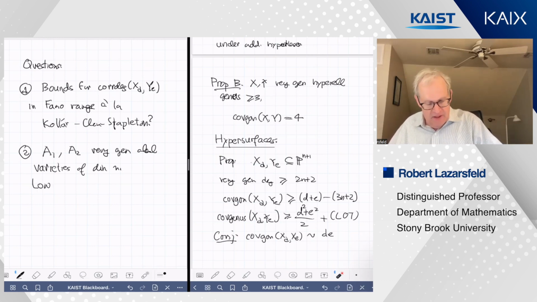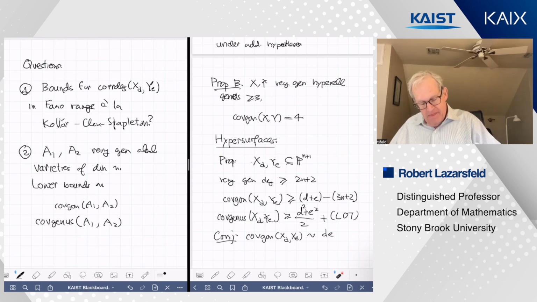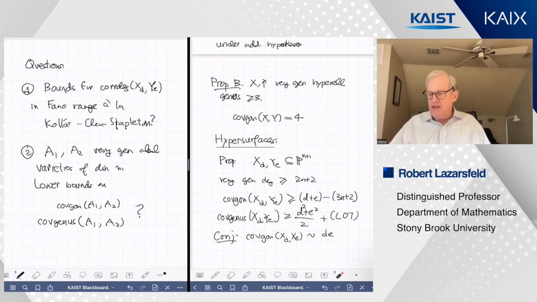Can you give any kind of lower bounds on the joint covering gonality of A1 and A2? This was the first, the single abelian variety, which is what Voisin and Olivier did, or the covering genus. There's been a fair amount of work on the minimal genus of a curve on a given abelian variety. But can you say anything about these joint covering invariants, in the spirit of Pirola and Voisin and Martin?